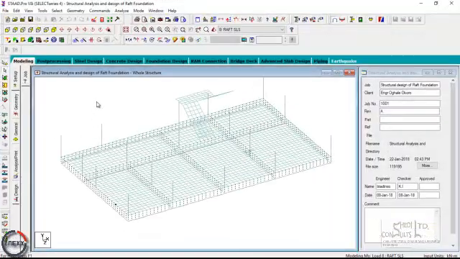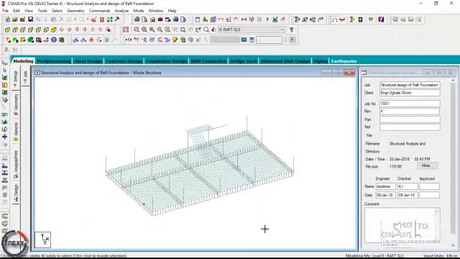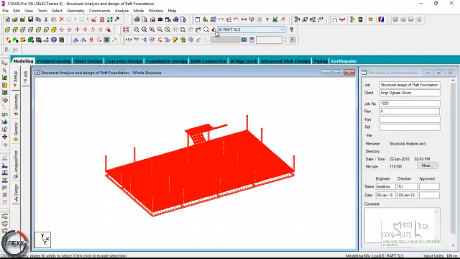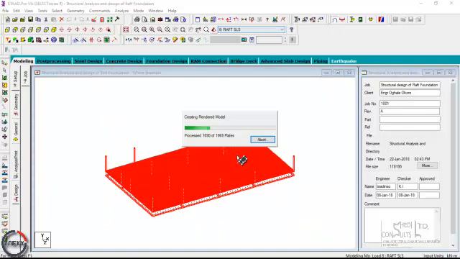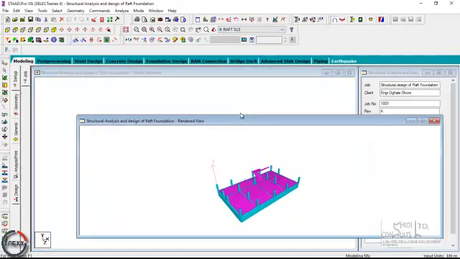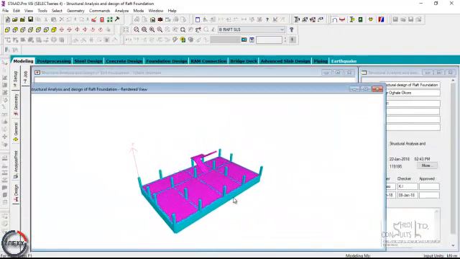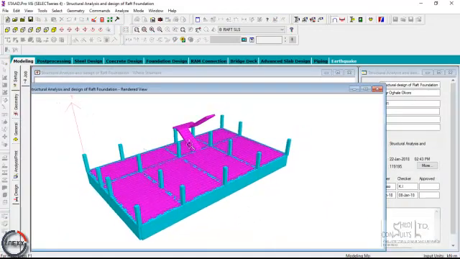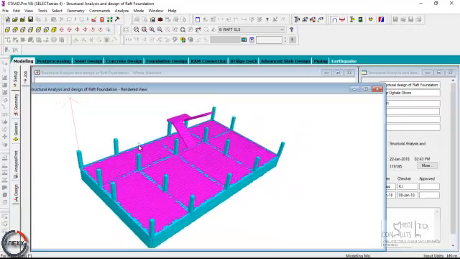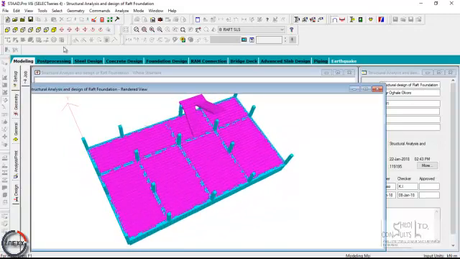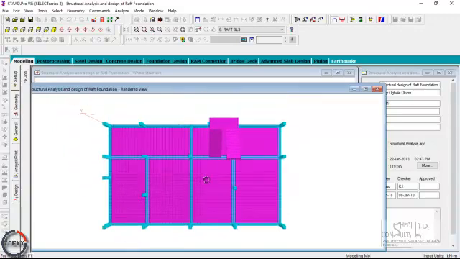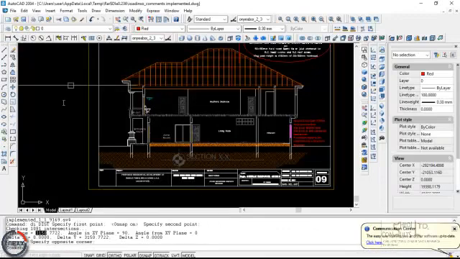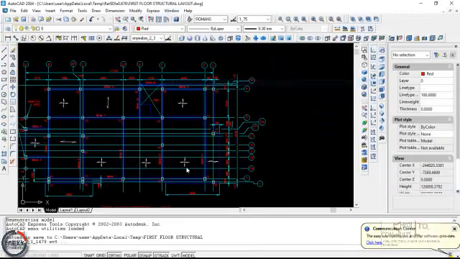This is the entire structure. Look very carefully. This is the raft foundation. We could see carefully, if we explain this, these are the grid beams corresponding to what we can see on the structural layouts.